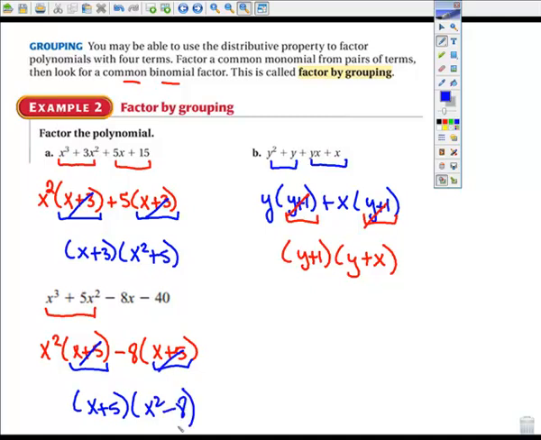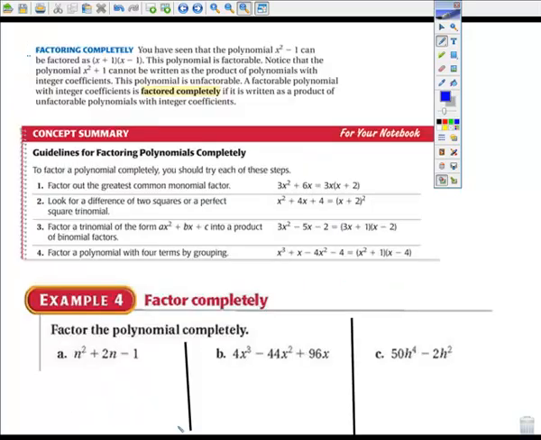So that's factoring by grouping. Okay, there's a lot of reading on here. It says you've seen that you can factor x squared minus 1 as x plus 1 times x minus 1. This polynomial is factorable. Notice that the polynomial x squared plus 1 cannot be written as the product of polynomials with integer coefficients. So that polynomial is not factorable.